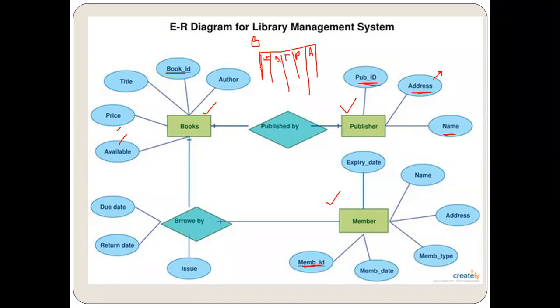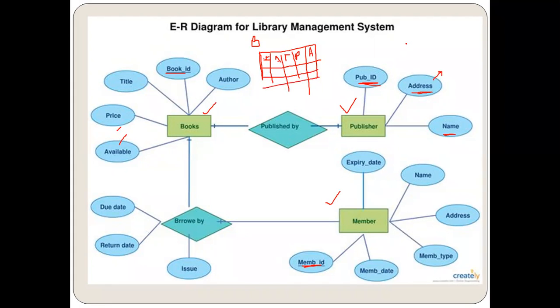So the attributes will work as the columns for this table, whose entity name is book, and the values of these attributes will be defined in rows.